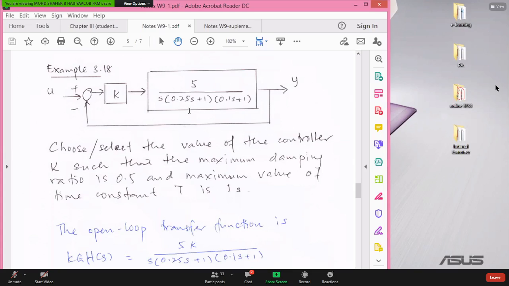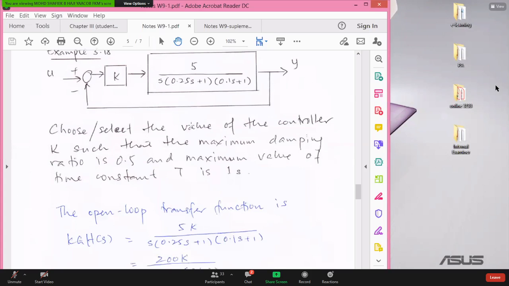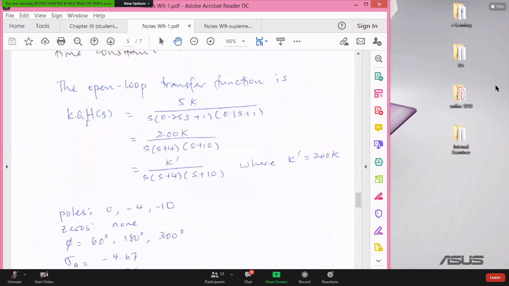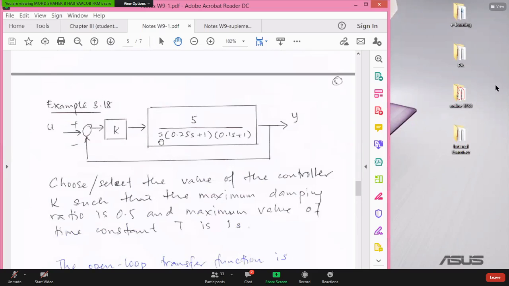Anyway, the first task is always to extract the open loop transfer function. The open loop transfer function is just the loop gain, which is K multiplied by the transfer function multiplied by H. H here is 1. So the open loop transfer function is KGH, which is 5K divided by the denominator.